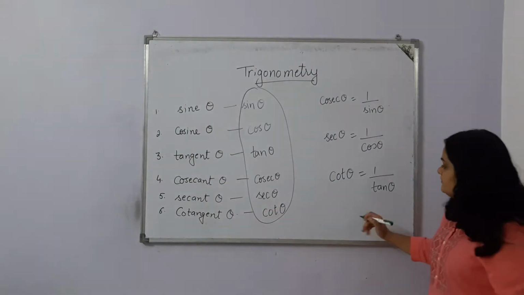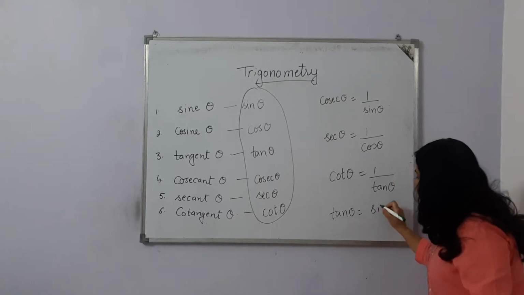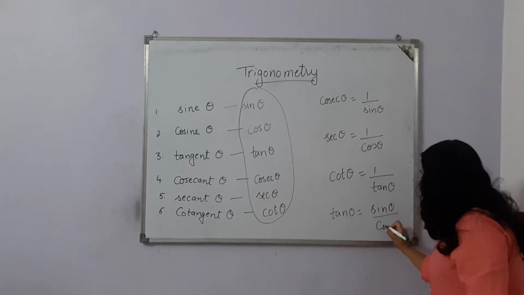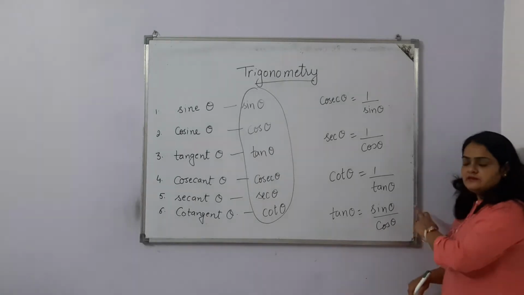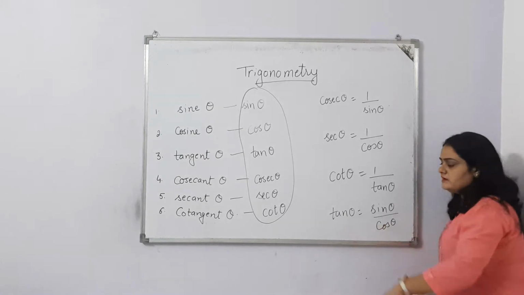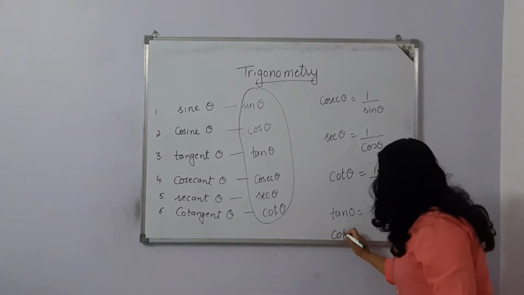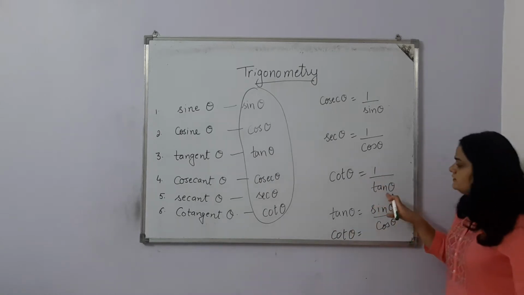Now, also tan theta we can write as sine theta by cos theta. That means division of sine theta by cos theta is called tangent theta, and of course cot theta is the reciprocal of tan.